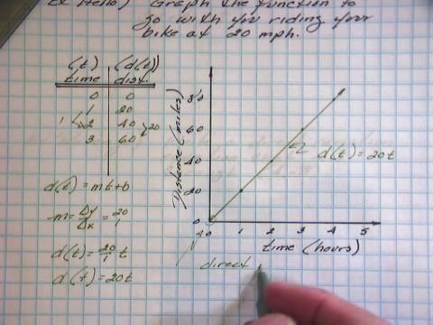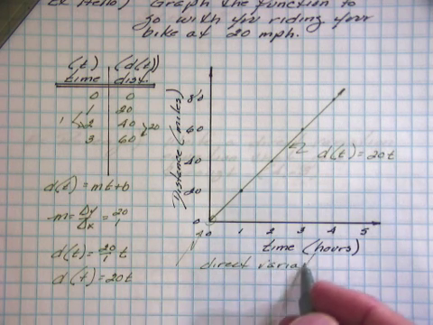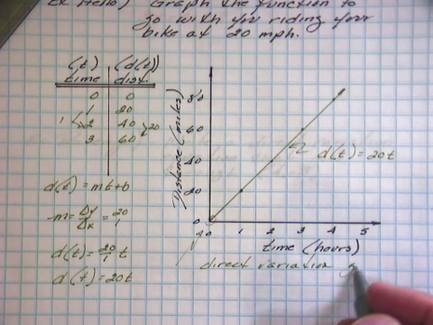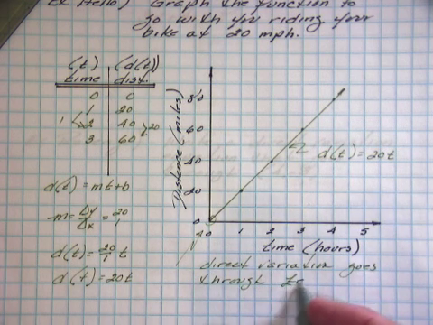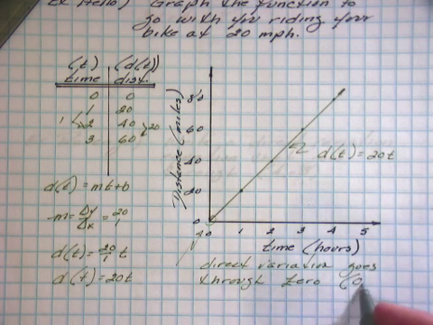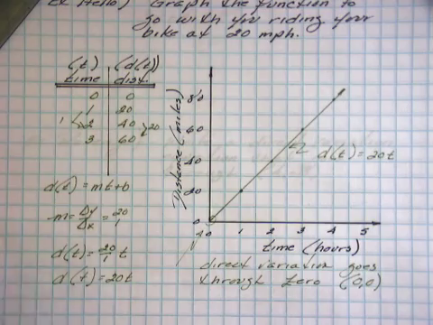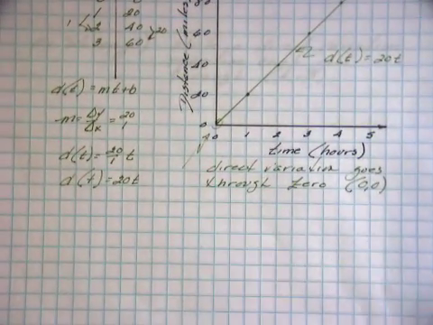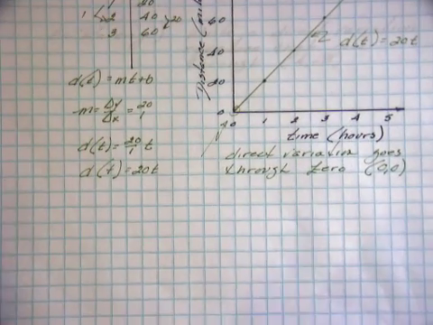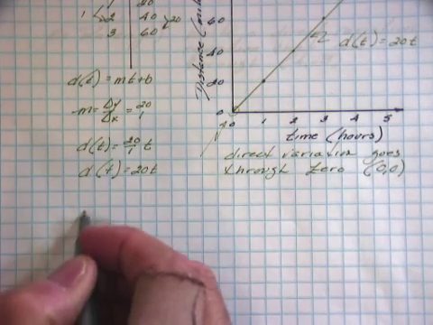Let's make a note here. Direct variation goes through 0. Okay, so it goes to the origin, 0, 0, and that's a must. Now, we talk about the general form.